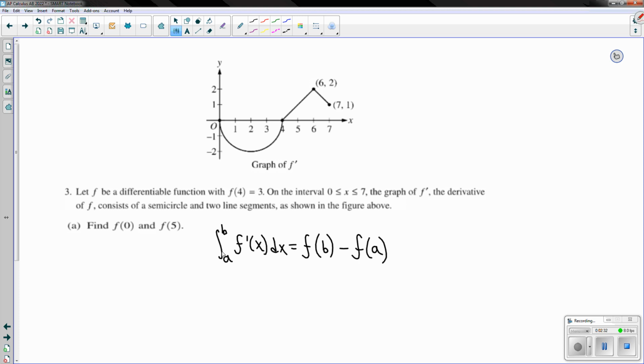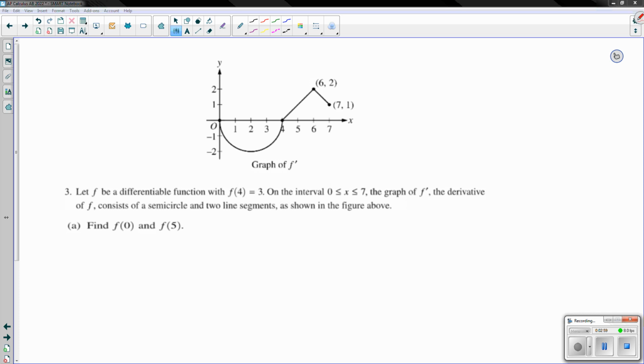So if our function that we're integrating, in this case f prime, the antiderivative being f, we can see that when we take the antiderivative of f prime, we're going to get a difference in the outputs at 2 points. And isn't it convenient that we already have the output at 1 point? So that second point we're going to use are the points that we're after. So let's use that fundamental theorem to determine f of 0 and f of 5.